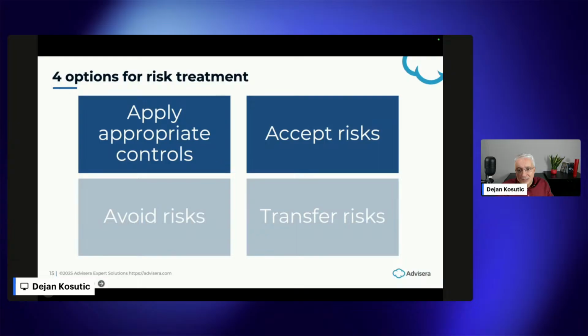The other option for treating risks is the acceptance of risk. In which cases can you use this? Let's say that you calculated that there is a risk and that the total damage, if this risk materializes, is $10,000.